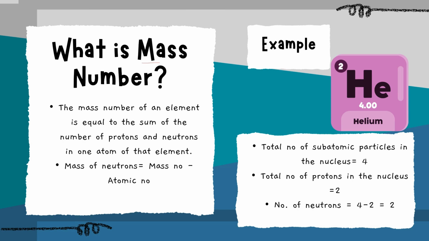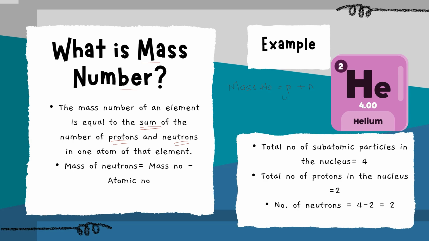What is mass number? The mass number of an element is equal to the sum of the number of protons and neutrons. Just write it somewhere that mass number is equal to number of protons plus number of neutrons.